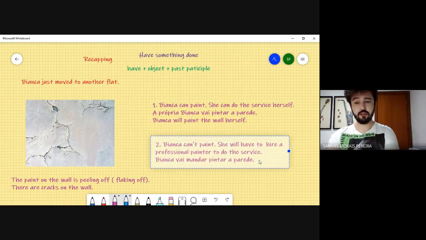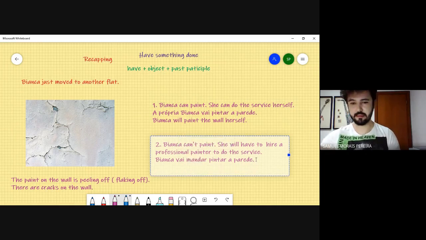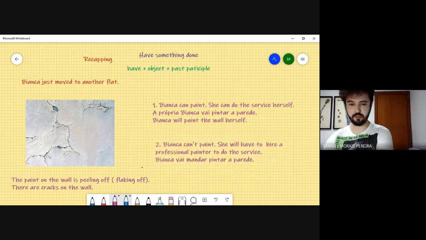In English, when you translate a sentence like this, you don't need to use the verb mandar. You don't use it. É como se o mandar desaparecesse na tradução, okay? Because in English, we have a special structure to do the translation, okay? So, when you translate this sentence into English, olha só o que acontece.